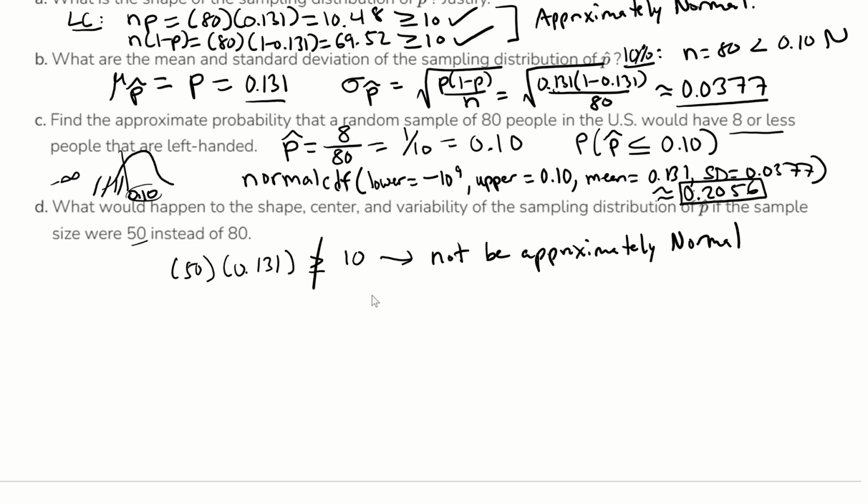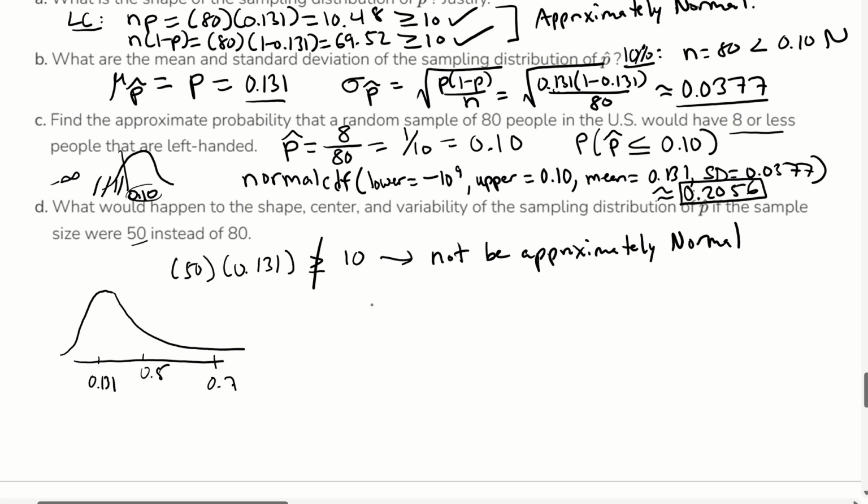Now, what shape would it be if it's not approximately normal? Well, because p is 0.131, that means most of the data is going to go here, and so it's going to end up being skewed to the right. If p were like 0.7, then most of the data would be here, and it would be skewed to the left, right? Can you see that?